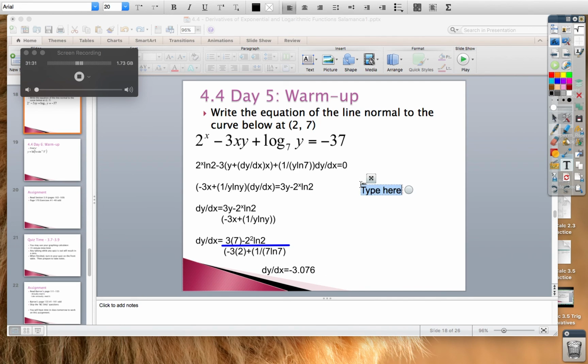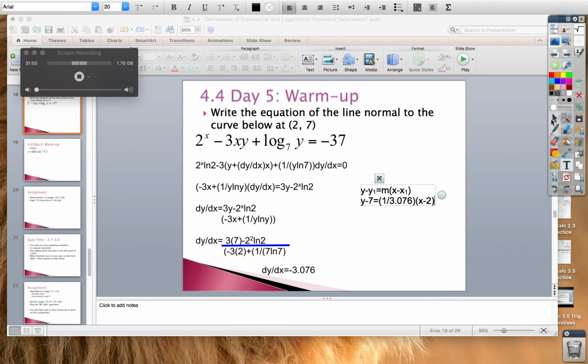So we're going to start with our point slope formula: y minus y sub 1 equals m times the quantity x minus x sub 1. So y minus 7 equals 1 divided by 3.076 times the quantity x minus 2.